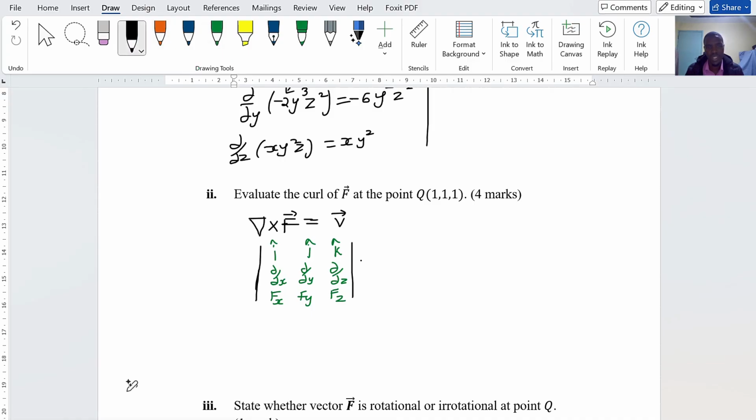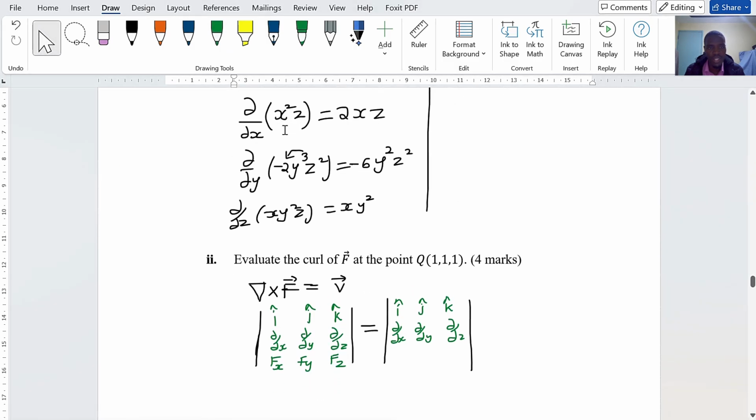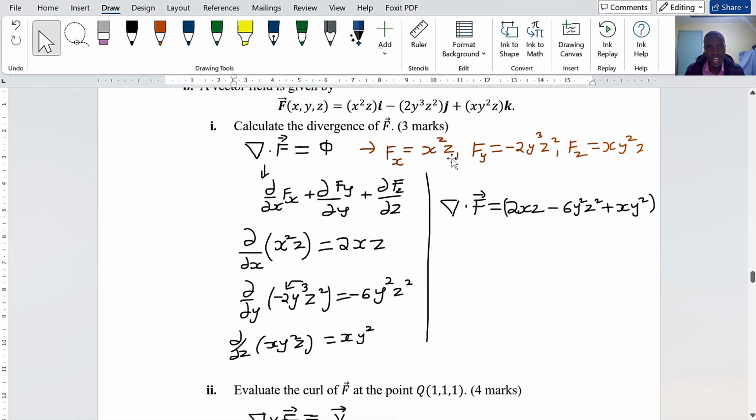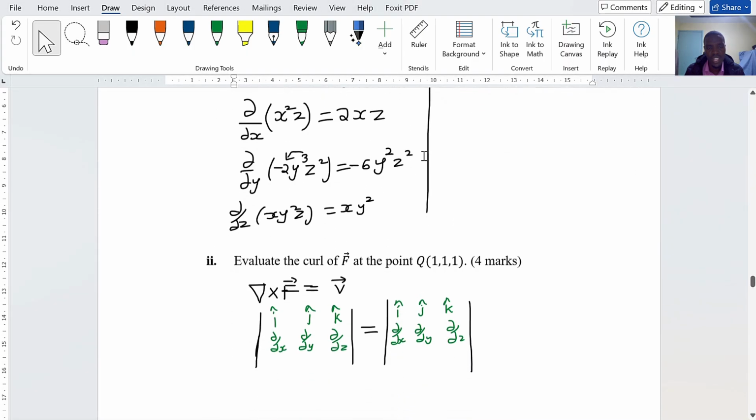Good. Now let's continue and put the values. So i, j, k. This remains d over dx, d over dy, d over dz. Now Fx, from the equation we were given, is x squared z.